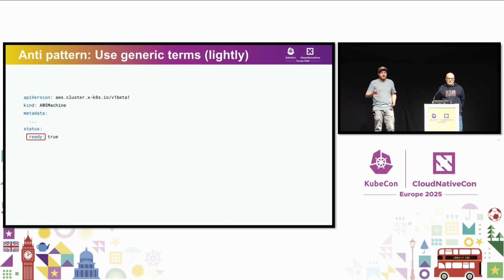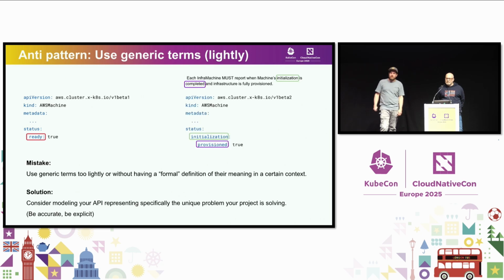Is it up and running? Is it provisioned? If we had come from the glossary or from a definition of what we want to have out of that field, it would have been: each infrastructure machine must report when a machine's initialization is completed and infrastructure is fully provisioned. That's what we actually present with the old status ready field.